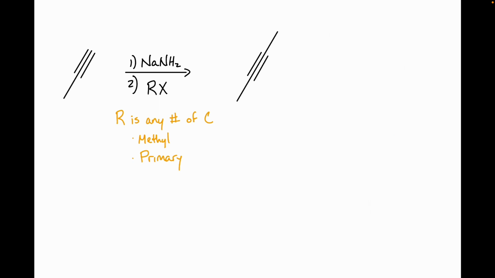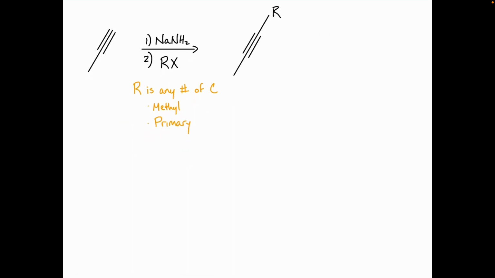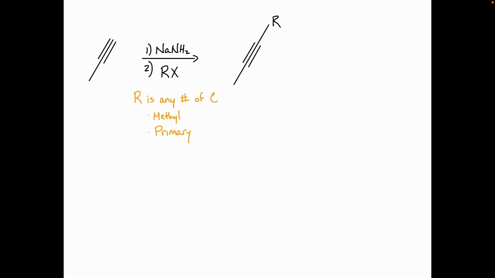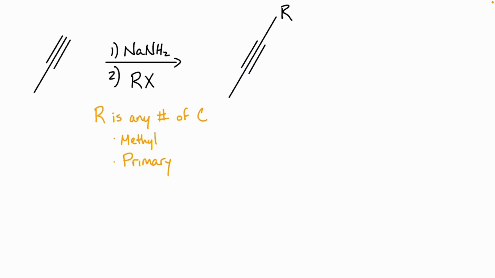But following those two steps, we'll stick any number of carbons on the other end of your alkyne. Okay, so for this one, we can note, yes, we have a mechanism.